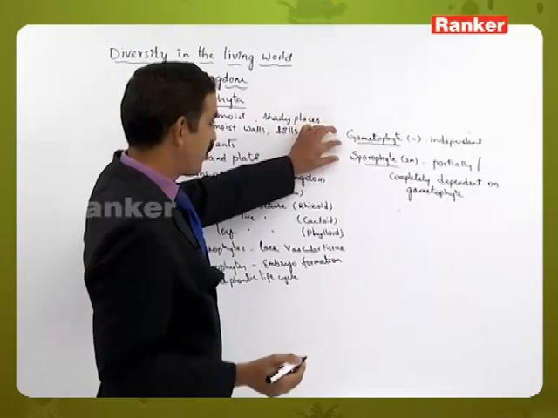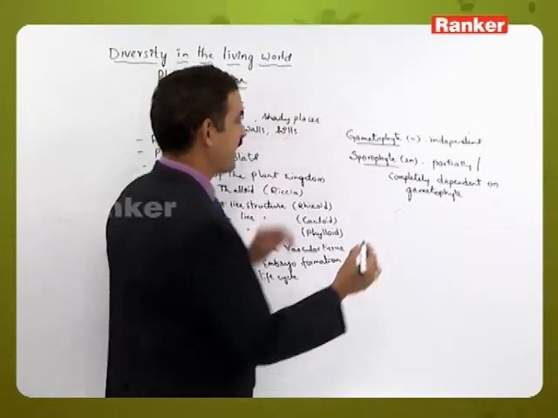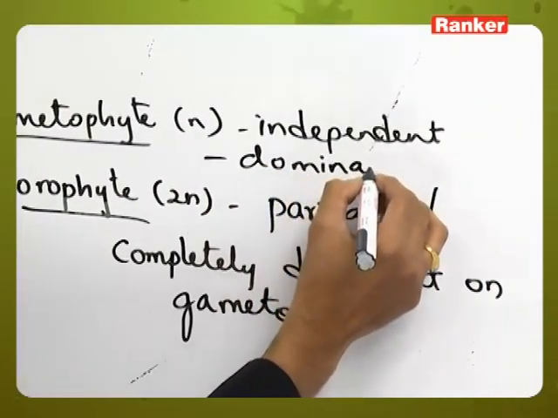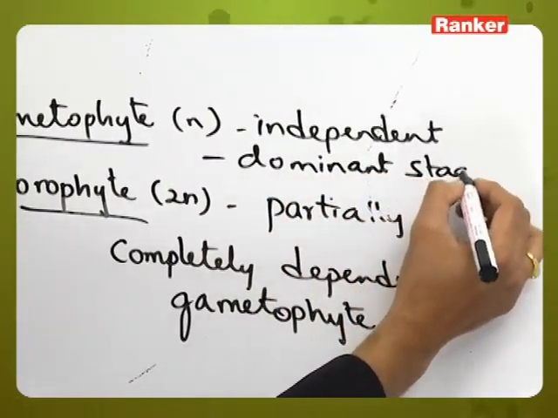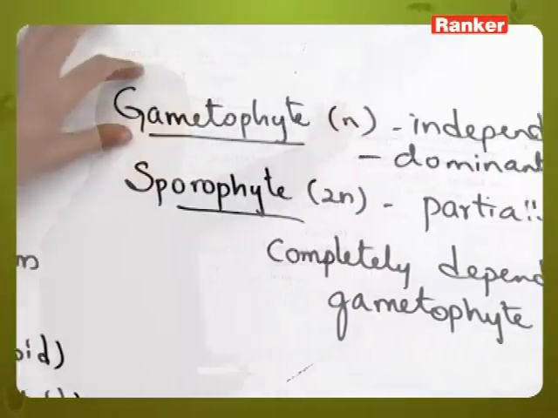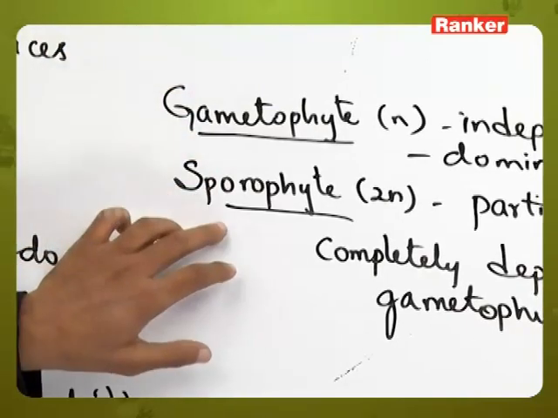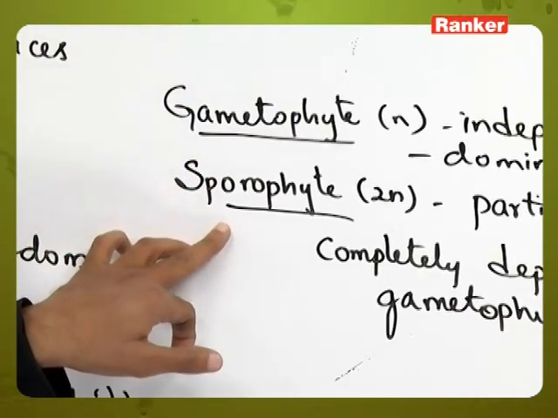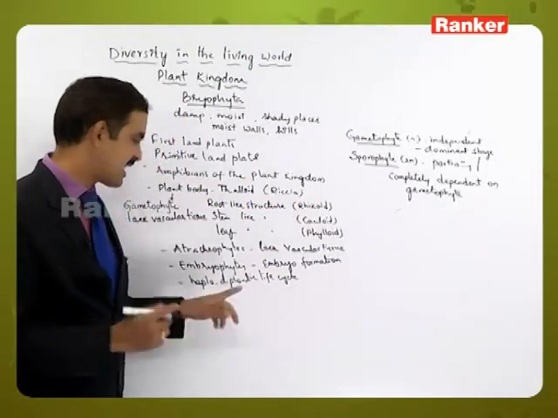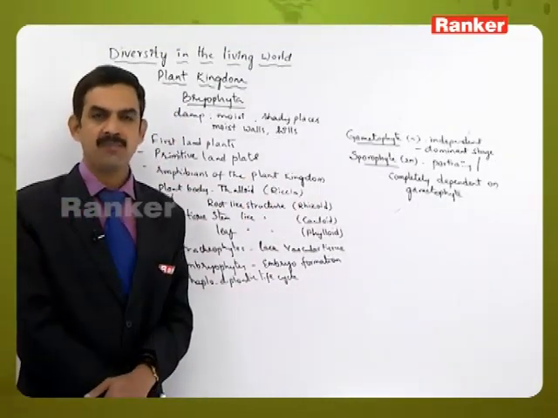So when the sporophyte is dependent on the gametophyte generation, we can say the gametophyte is the dominant stage. In the life cycle, first the gametophytic generation comes, which is haploid, later followed by the sporophytic generation, which is diploid. And that is the reason why we say that the life cycle is a haplodiplontic life cycle.